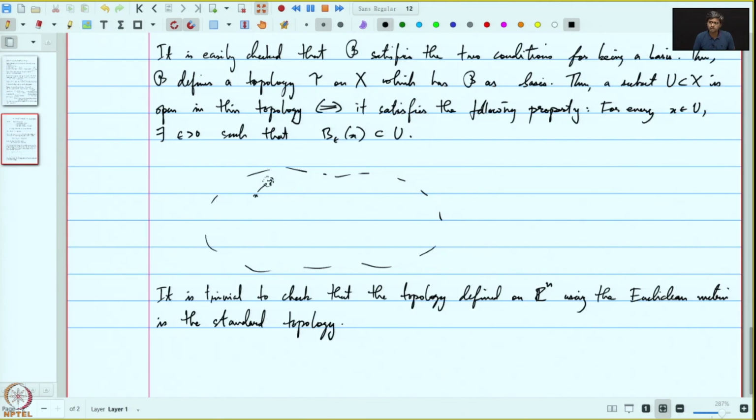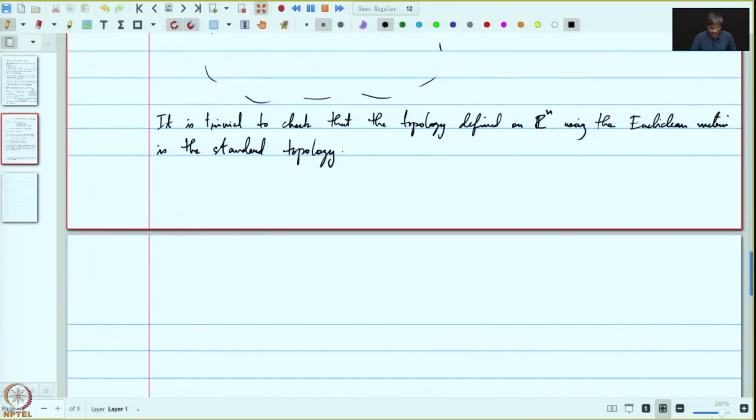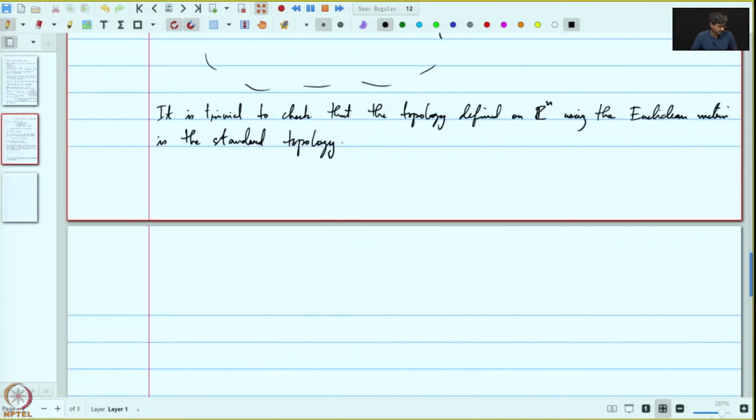Okay, so now we want to understand what it means to be in the closure in a metric space, in terms of the metric. So definition.